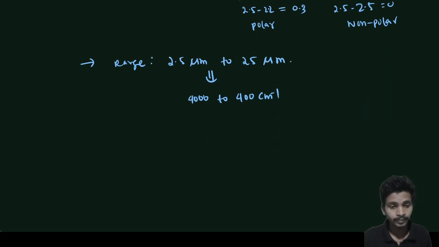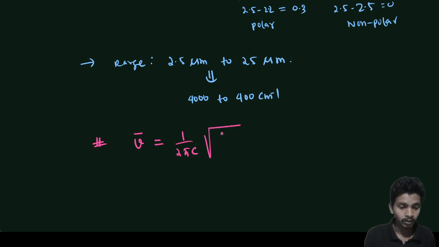Another one is the formula. This is the stretching frequency; we know that the energy values we change into centimeter inverse, which we have clearly discussed in physical spectra. The wave number formula is ν̄ = 1 upon 2πc times the square root of k upon μ.